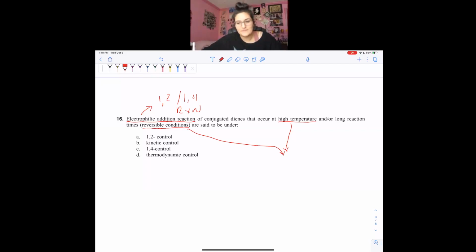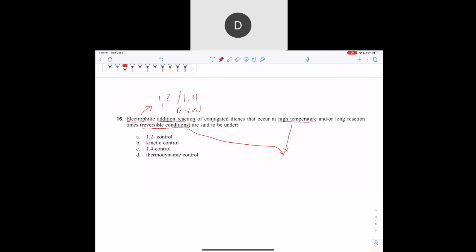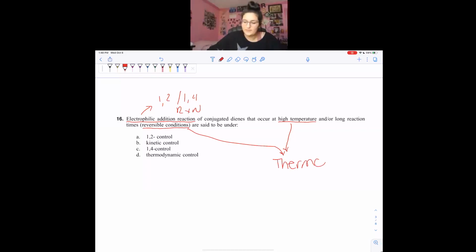People are saying D. Yes, so thermo. So that will be D. 1,2 control and 1,4 control are not things. We're just going to talk about kinetic and thermodynamic control, so you could have knocked those two answer choices out and been down to 50-50. And if it asks you for low temperatures, that would be the kinetic product.